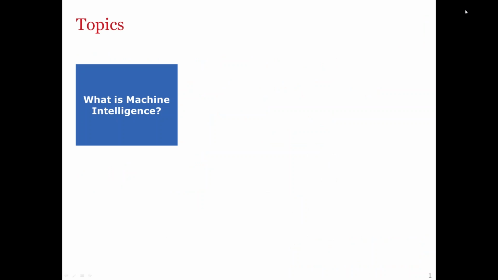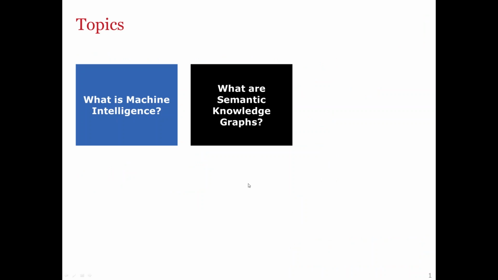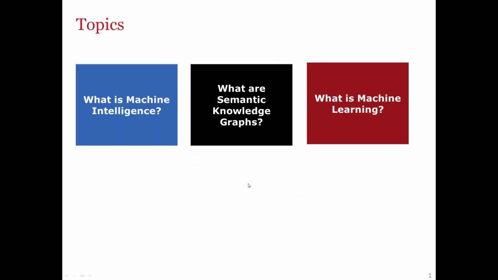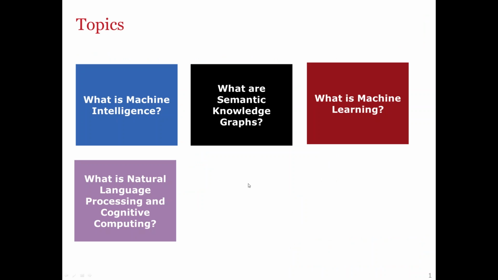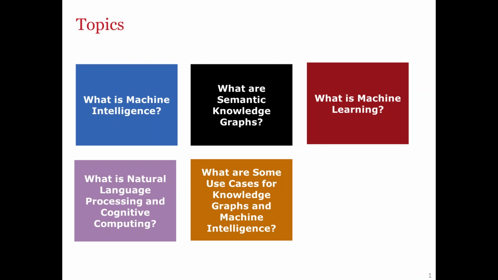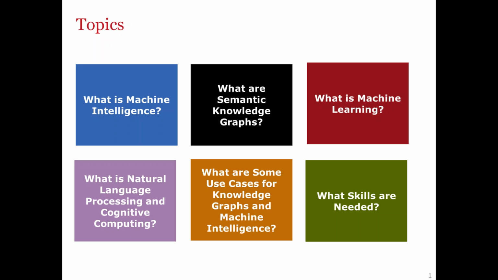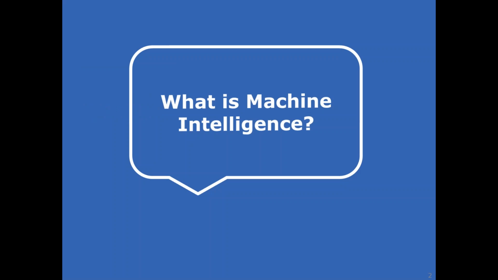So what we're going to do is cover what machine intelligence is, what are semantic knowledge graphs, what is machine learning, what is natural language processing and cognitive computing, what are some of the use cases that use these technologies, and how do you really prepare yourself? What skills are needed, and what can you do to pick up skills in order to fulfill some of these new and emerging needs?